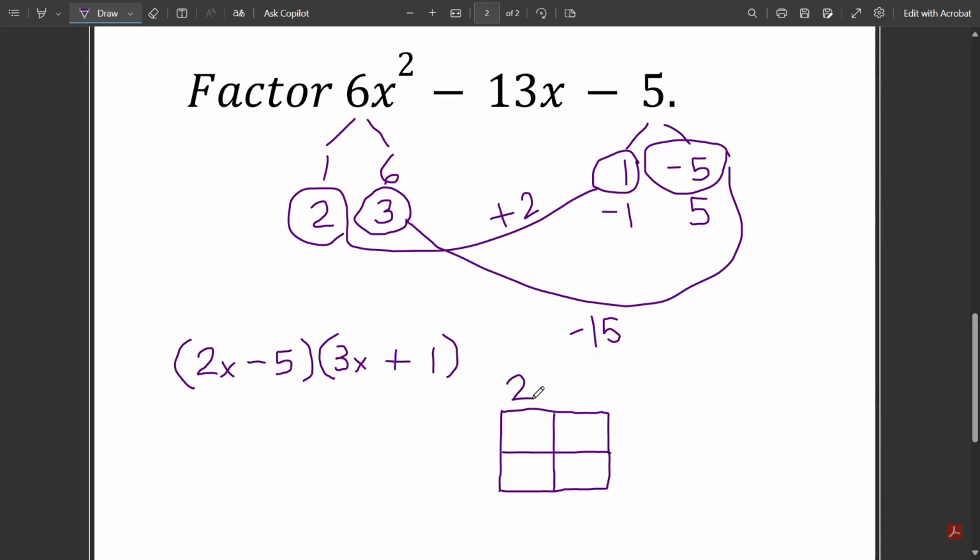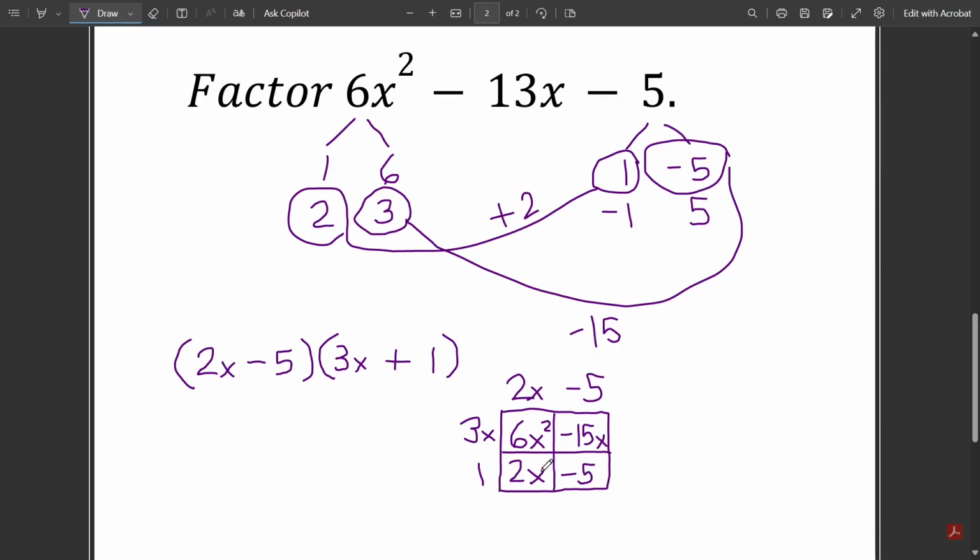So I'm going to have a 2x minus 5 here, 3x and a 1 here. 3x times 2x is 6x squared. 3x times negative 5 is negative 15x. 2x times 1 is 2x. And then 1 times negative 5 is negative 5.